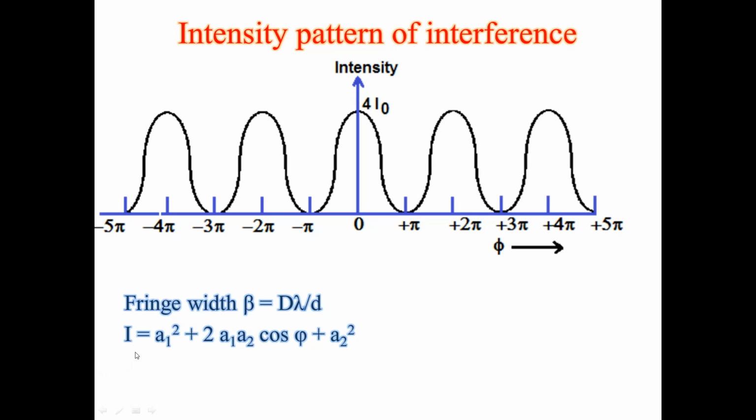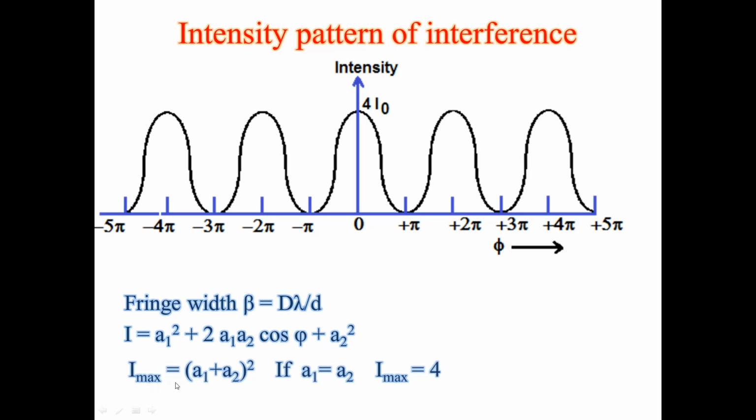But the intensity is given by a1 square plus 2 a1 a2 cos phi plus a2 square. a1 and a2 are the amplitudes of the waves from the two slits, S1 and S2, and phi is the phase difference. For maximum intensity, cos phi should be 1.